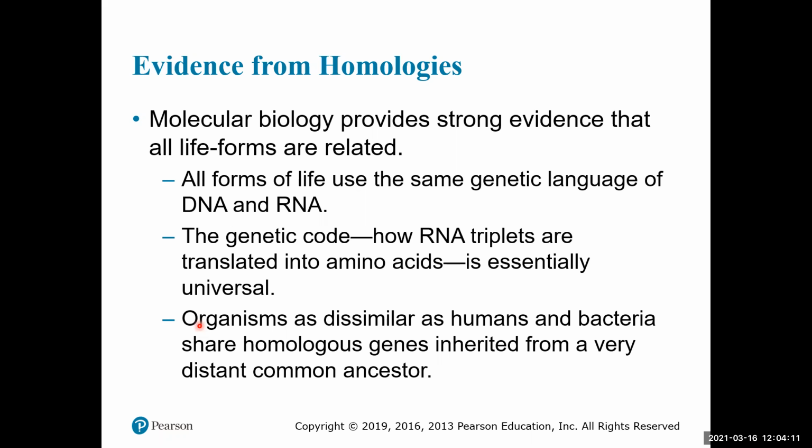So every living organism that makes proteins is using the RNA to make those proteins. And we're talking about organisms that are as different from humans as bacteria. Bacteria and humans actually share homologous sequences in our DNA that were inherited from a common ancestor way, way back throughout Earth's evolutionary history.